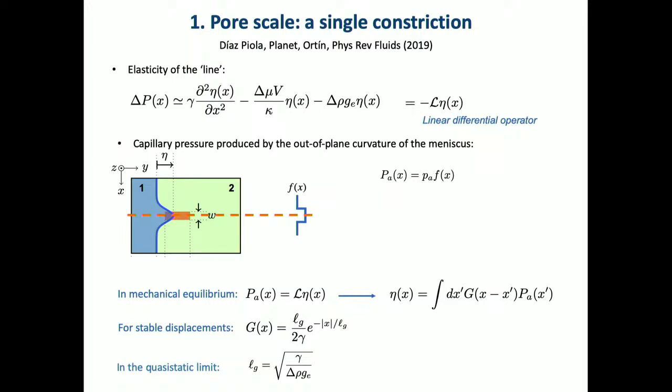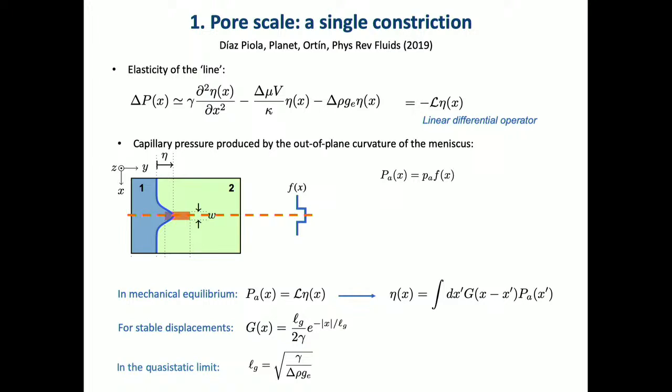Because our cell is inclined, we have an effective gravity g_e, which is g times the sine of the inclination angle, which times the difference in density gives another contribution to the pressure difference, because the densities of the two fluids are not the same, right? So with all these three contributions, we have the linear contribution to the pressure jump across the interface. And we collect all those terms here in this linear operator, calligraphic L, times eta, right?